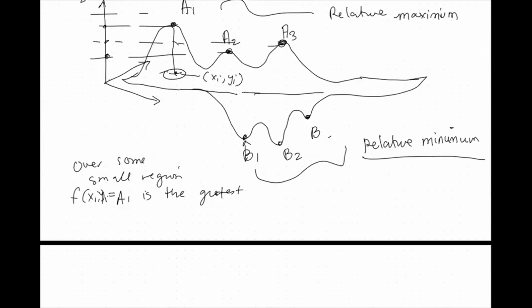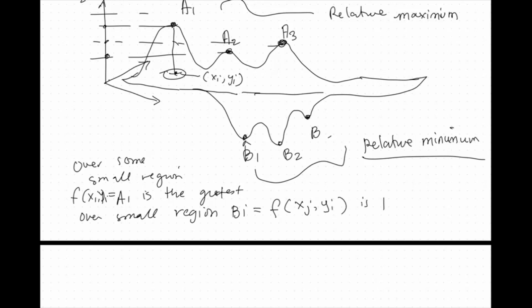In the same way, over some small region or small neighborhood in the xy plane, your b1, which is the function value of x sub j, y sub j, is in this case the lowest in that small region.